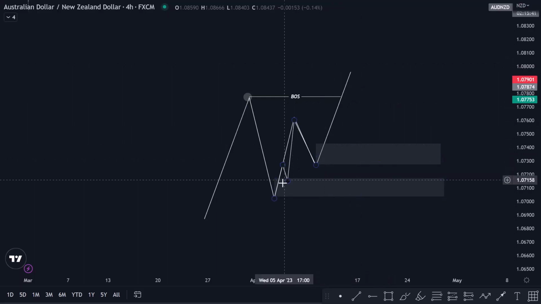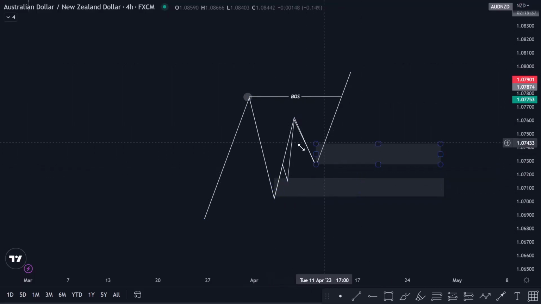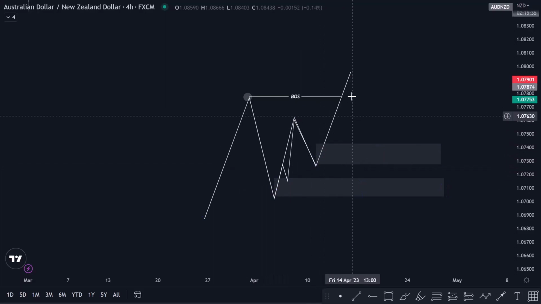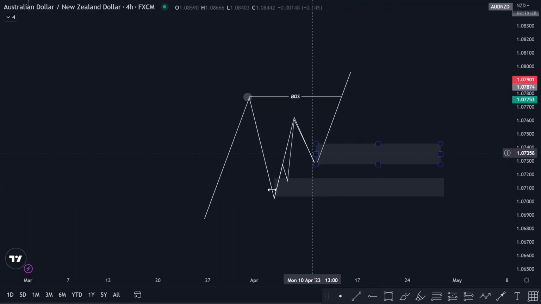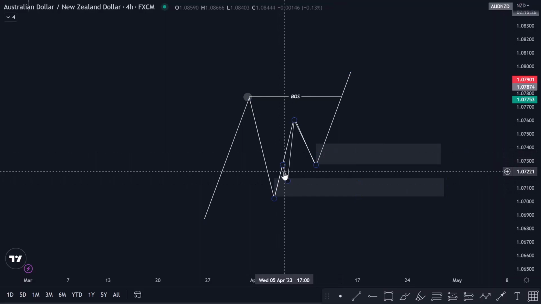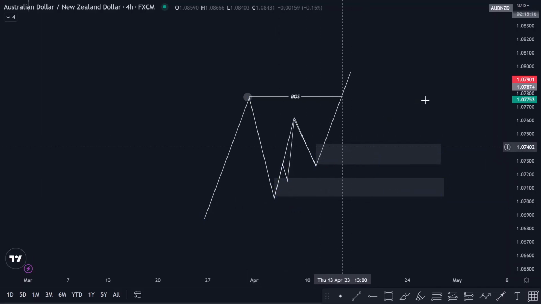So if this is already mitigated, you don't need to wait for it. You can enter from here, because most of the time price won't go all the way here but react from here. Now this is a valid one. Just make sure you go to a lower time frame. If all the order blocks are mitigated and there are no fair value gaps, then you can use this one.